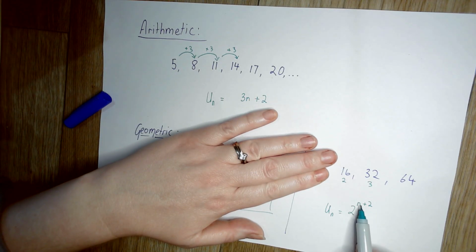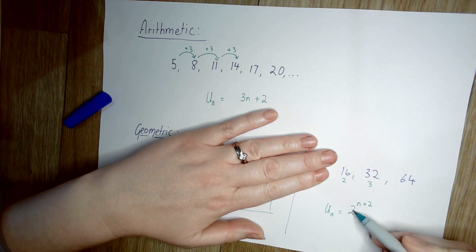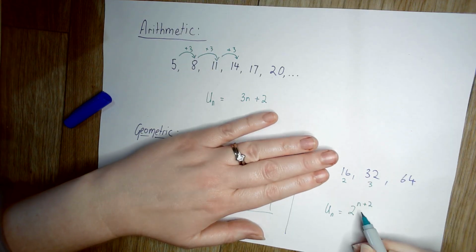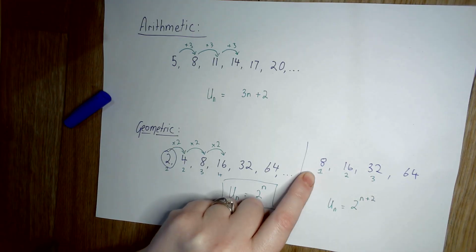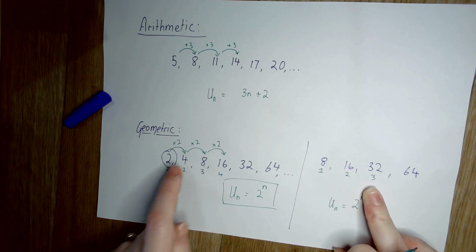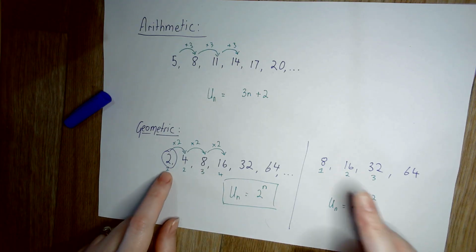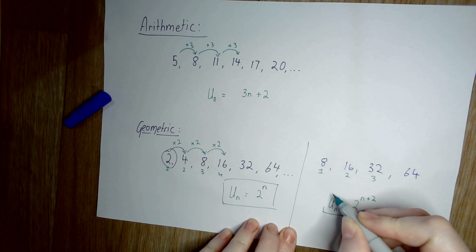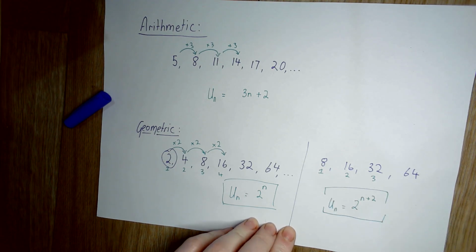Instead of just 2 squared for place value 2, we'd have 2 to the power of 2 plus 2, which is 4. 2 to the power of 4 is 16. So see how it changes depending on where you start. This is a similar geometric sequence in that we're still doing 2 to the power of something, but we've started at a different point. So our general term equation has to change. Let's have a look at some examples from the textbook.